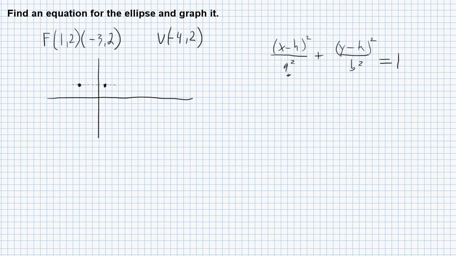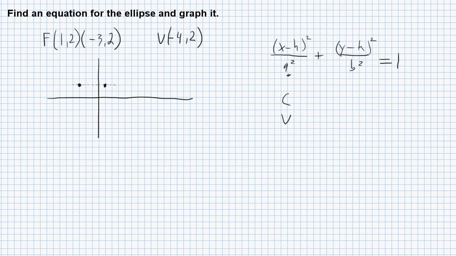Now, what we have to calculate is the center point, and we want to find the rest of the vertices. We have one. Okay, well, the center point has to be halfway between the two foci.